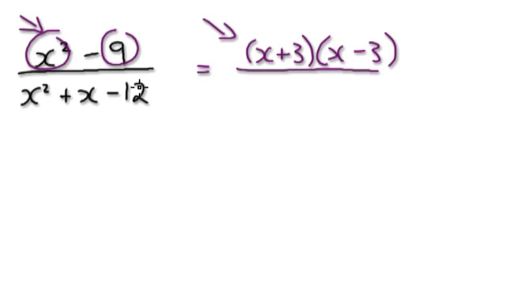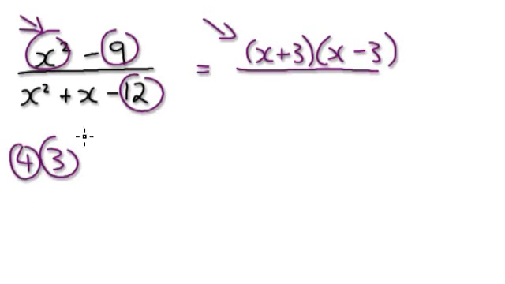Okay, now this is a normal factorizing. Here, I have to be able to create the minus 12, and then create the positive 1x. So I'm going to need a 4 and a 3. One of the two must be negative in order for me to create the negative 12. I'm going to put my negative on the 3, because 4x minus 3x will give me a positive 1x.